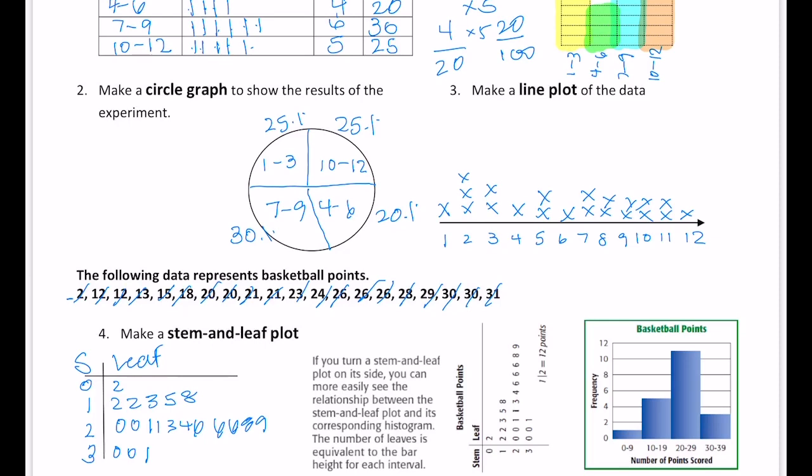Your histograms use bars to represent the data. They do not have spaces between the bars. The bars touch each other to represent the continuous nature of the data.